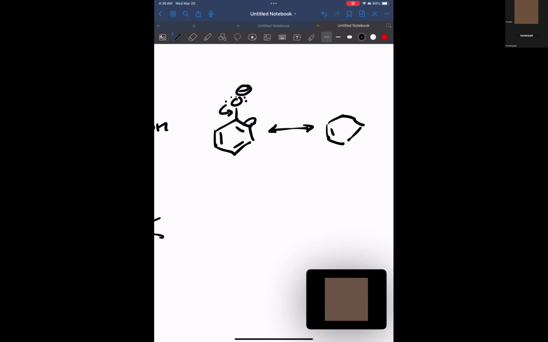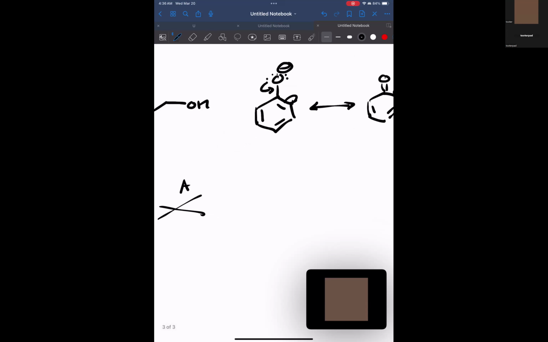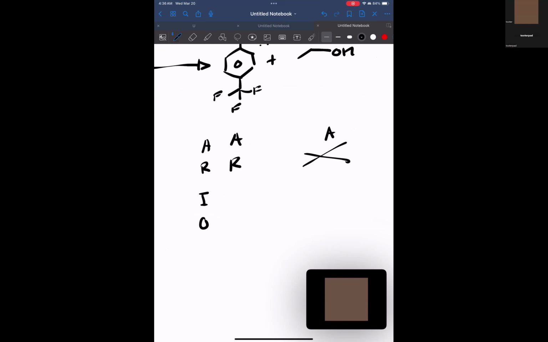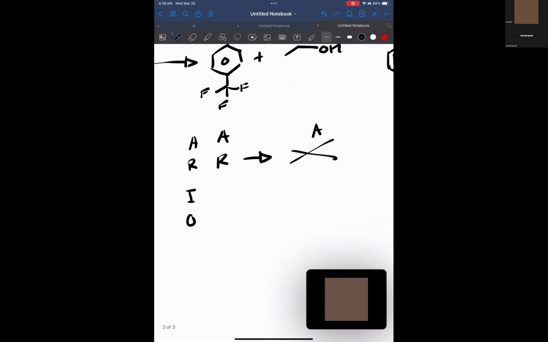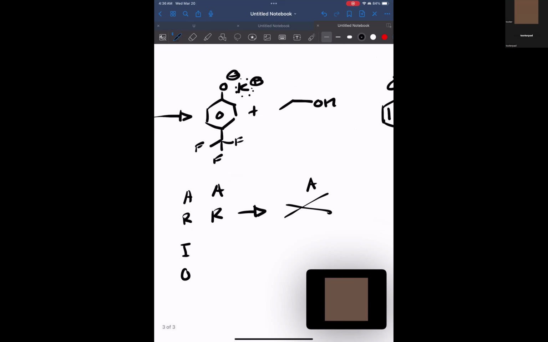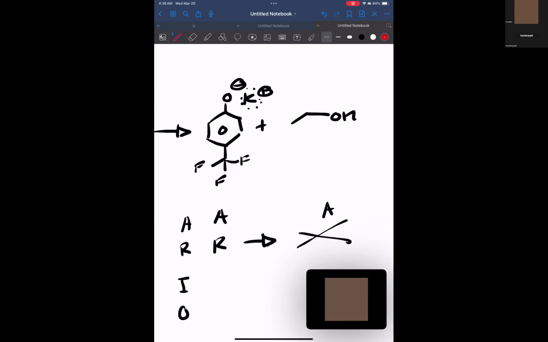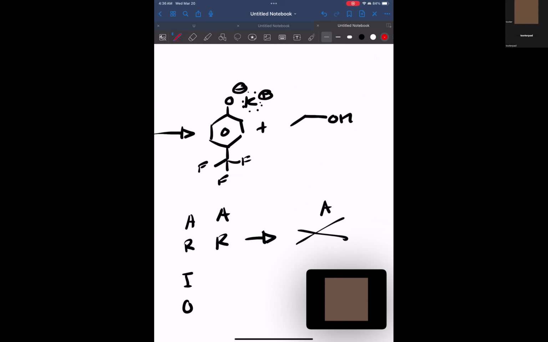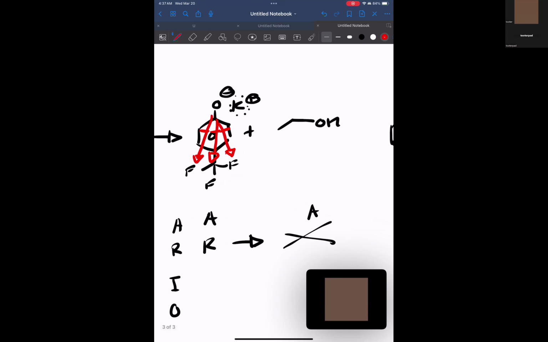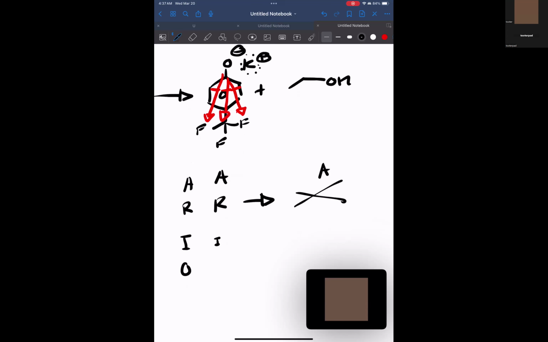Wow, that was bad. But it's okay. There you go. So we know that this has resonance, so it's already a lot more acidic than ethanol. But let's keep going for a bit. Do you know where the induction comes from for this? That's right. It will be the CF3, because of the electronegativity of the fluorine, right? However, because it's on the other side, it's a very weak induction effect, but it still has that minor induction effect. I would say a small I right there.